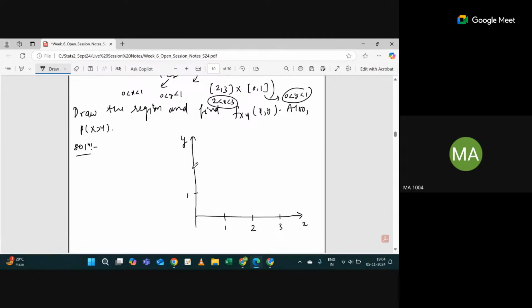Is this okay? Seems okay, a square unit something. No problem, somewhat is okay.